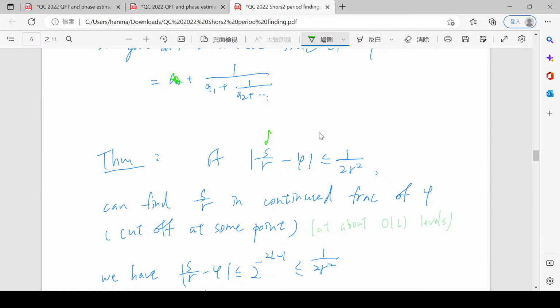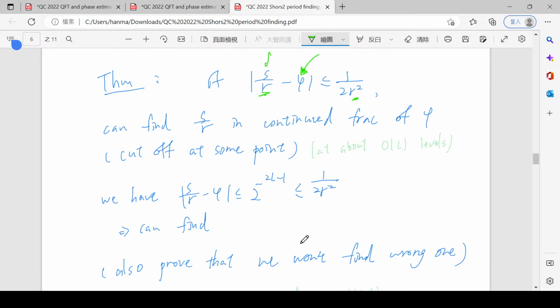And if our phase estimation gives us this phi, and the difference between phi and this actual fraction is less than 1/2R squared, and the point here is that this R and this R is the same thing, then continued fraction will find this S over R by cutting off at a good point.